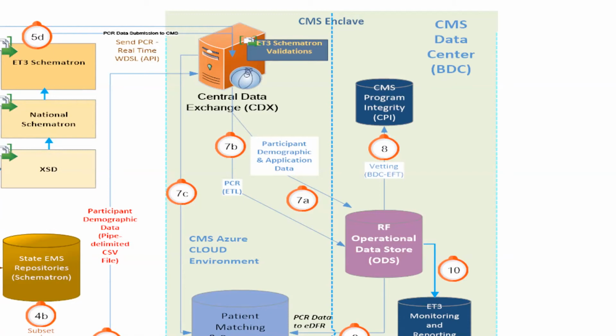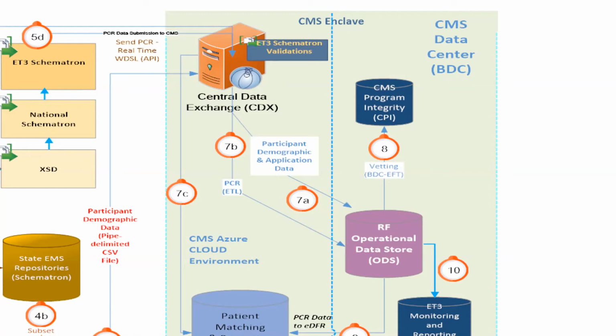As Neil pointed out earlier, that's where the filtering comes into play. Once it comes into CDX, whatever data ET3 is interested in will be filtered, and that will be stored in a smaller database that will ultimately be transferred to a database where a lot of the operational processing will take place.